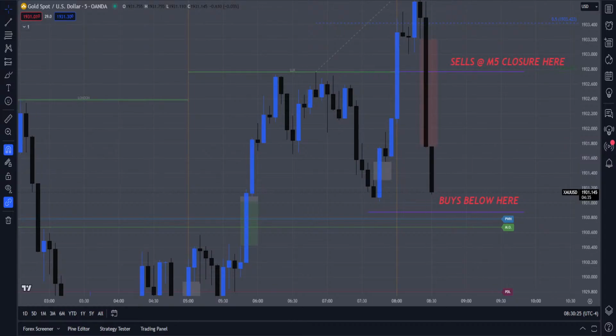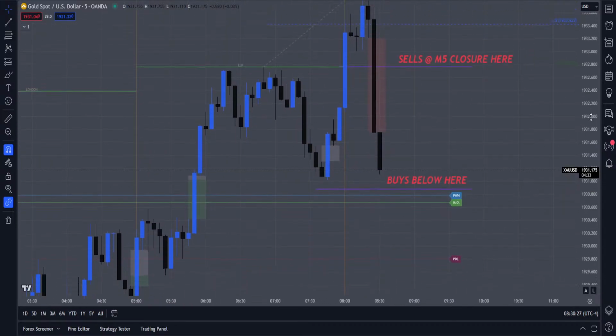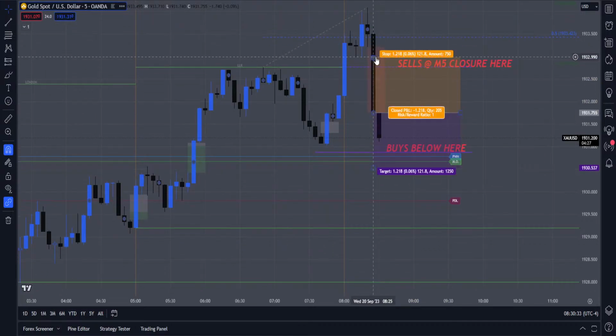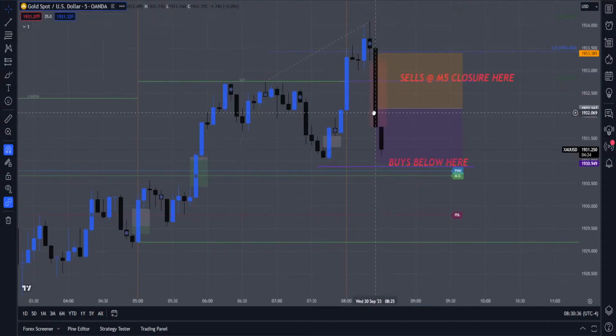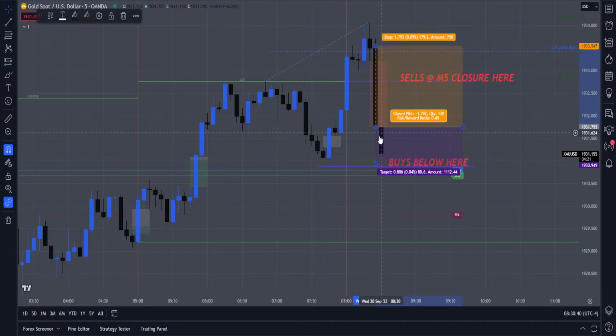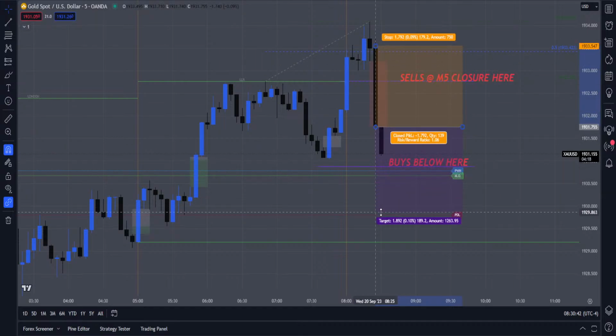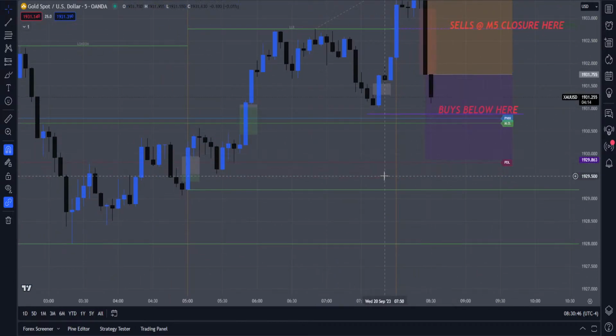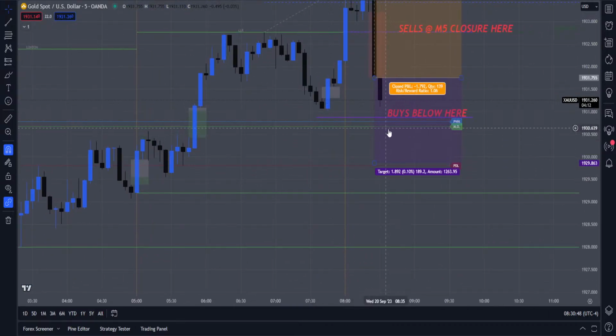So the idea of this trade would have been something like this. Let me show you. This candle opened way too aggressive, so we're not taking it. The entry should have been somewhere around here, stop loss up here, and take profit somewhere around here. Because we want to buy somewhere around down here, right?